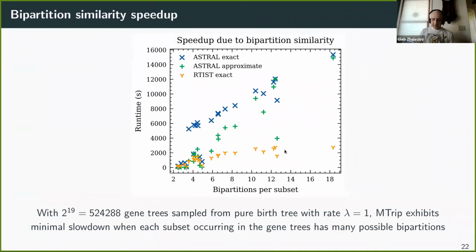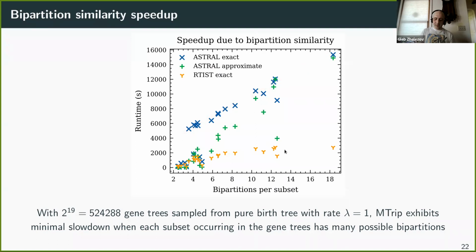Right, and just to see that it is indeed this bipartition similarity effect that's speeding everything up, here's a graph where you see a ratio of the bipartitions per subset or per cluster in the gene trees, and here is the runtime. So you can see that for Astral, both exact and approximate, as the number of bipartitions per subset is increased, the runtime is increased.